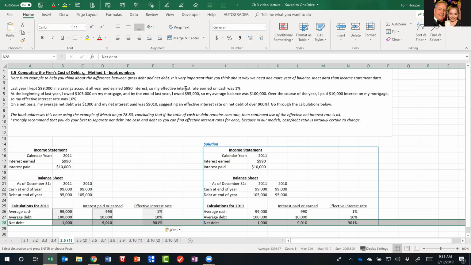Okay. Very believable number for what you might earn on some cash. So I would think for the purposes of your model, that's a fine number to use in the WACC. Well, I guess in the WACC, you'll have a negative net debt. And also when we get to the pro forma forecasting, you can use that same number as interest that you're making on a cash position.